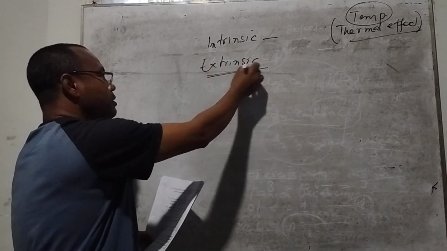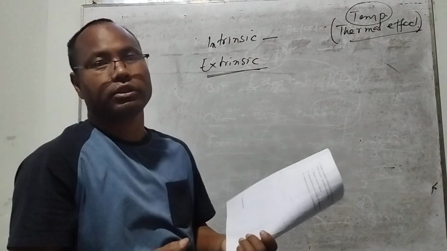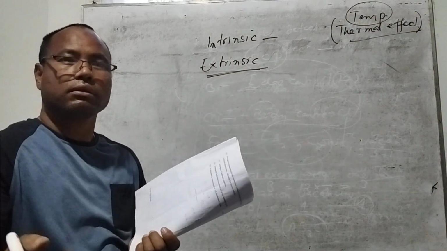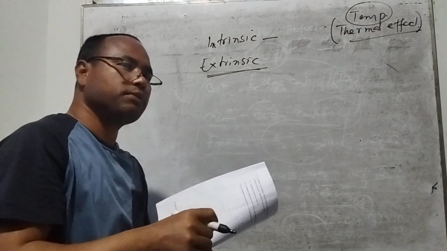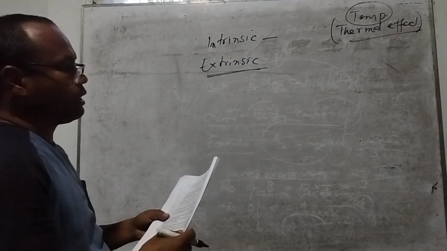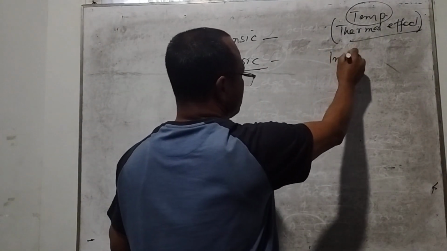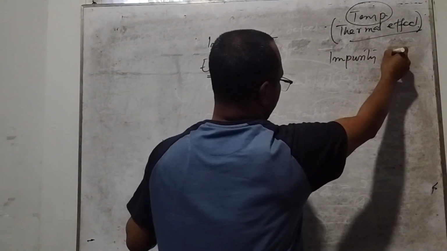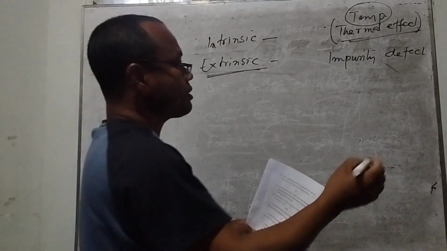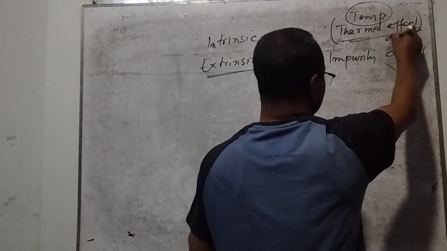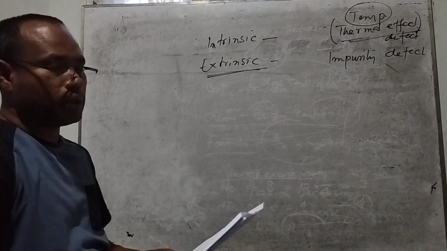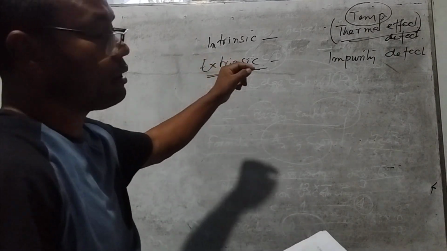Then the extrinsic semiconductor is related to the substance which can dope or mix with our insulator. That is what we call impurity defect. This is the thermal defect or thermal effect. You can say thermal defect or thermal effect, right? So here, intrinsic semiconductor is related to thermal defect.